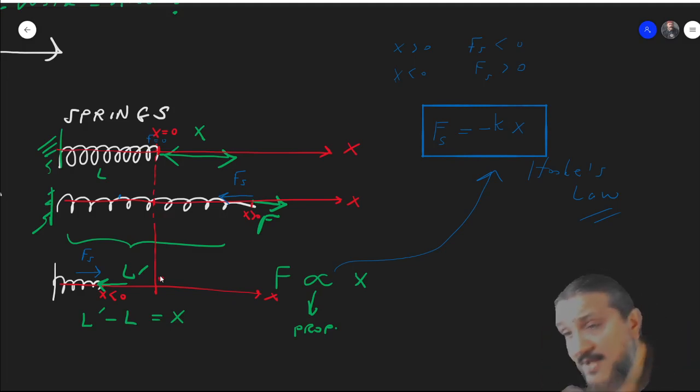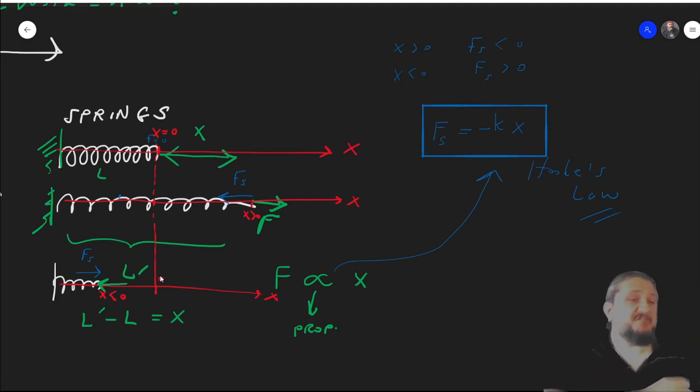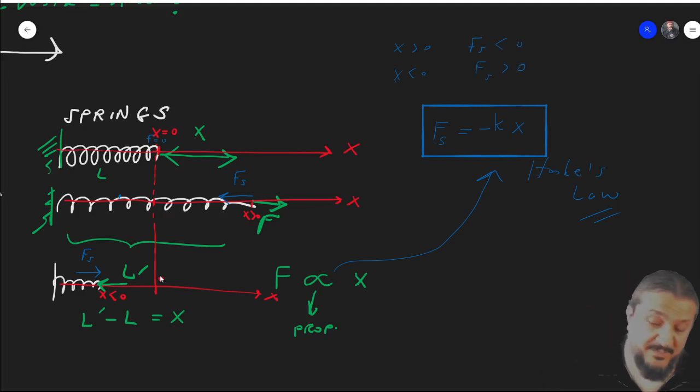Okay, but in real life the spring may not be ideal, meaning you stretch and stretch and stretch. After a point, it doesn't go back anymore because you basically destroyed the spring, okay? Or you may have other terms, x squared, x cubed, depending on the material, right?